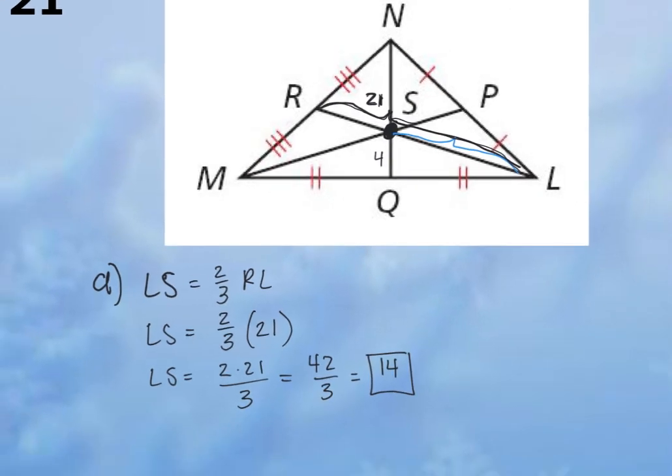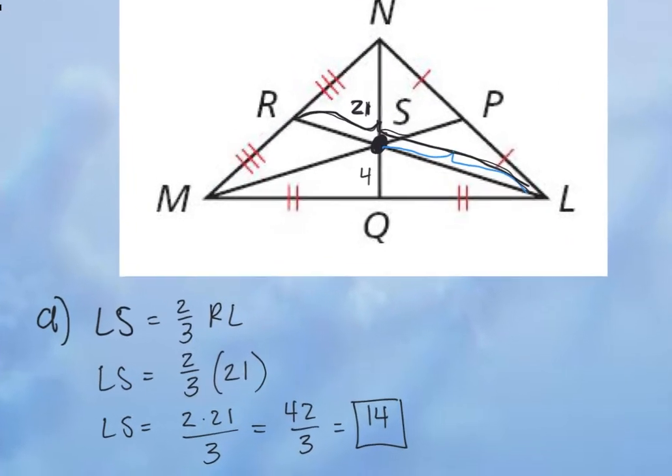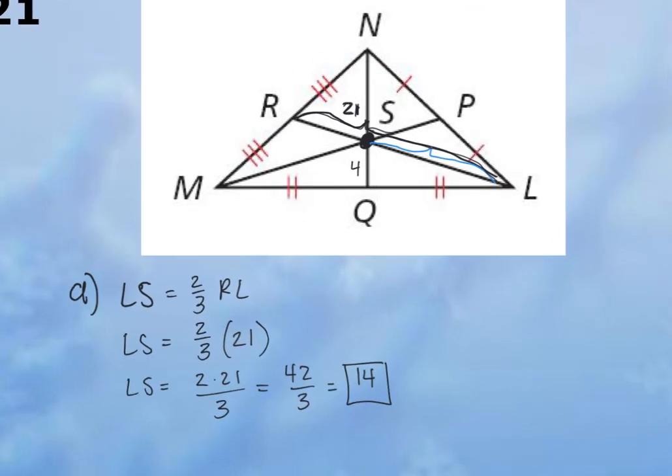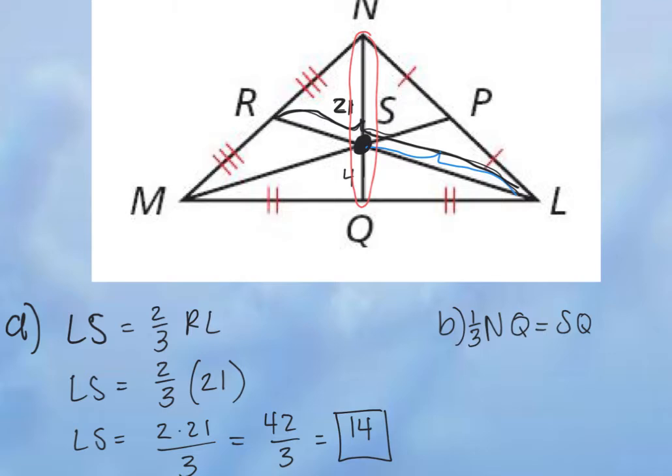Okay, so the next portion, we want to find NQ. NQ is that whole median right here. In order to find NQ, SQ is going to be 1/3 the distance of NQ. Why? Because it's the shorter side. It goes from the point to the middle of the side.